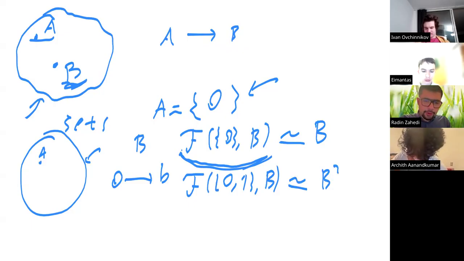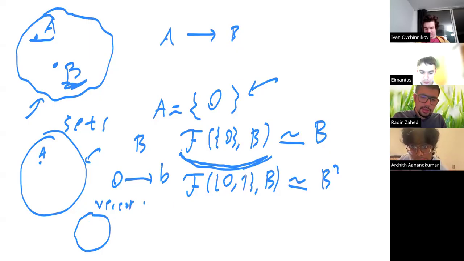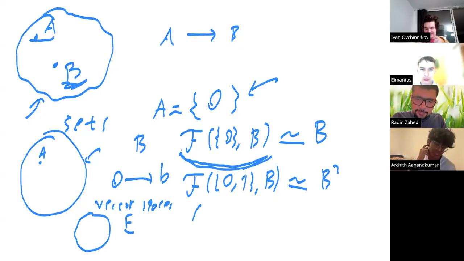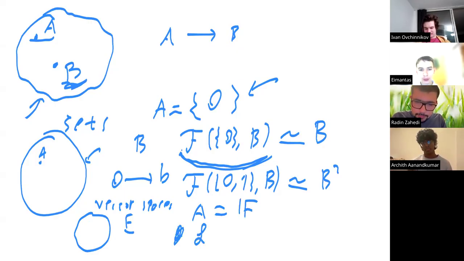Or if we're focusing on vector spaces over some particular field F, I'm fixing the F here because a linear map between two vector spaces over different fields is not quite relevant. So if I fix my A to be the field itself, what would be the set of linear maps from this F to any vector space V?